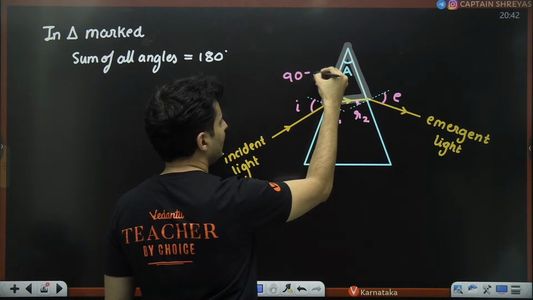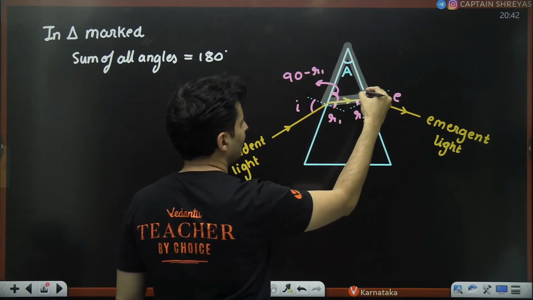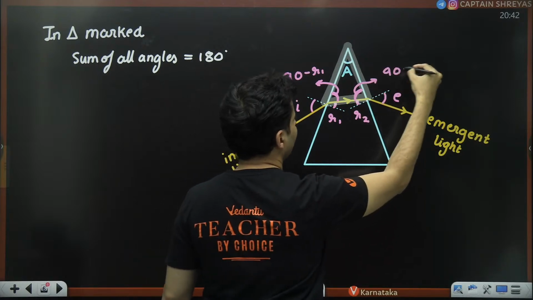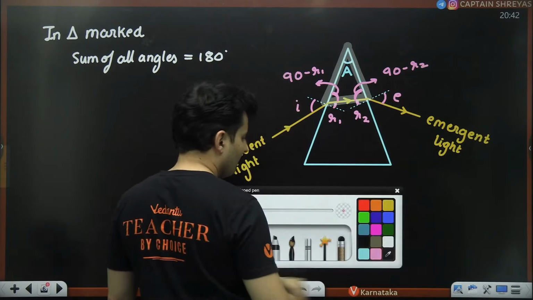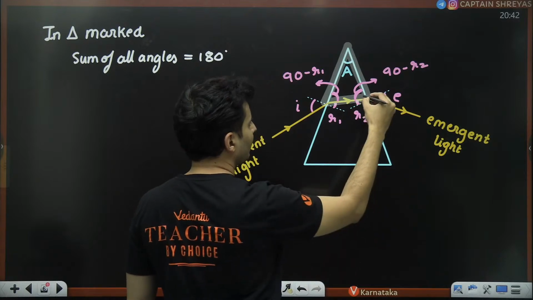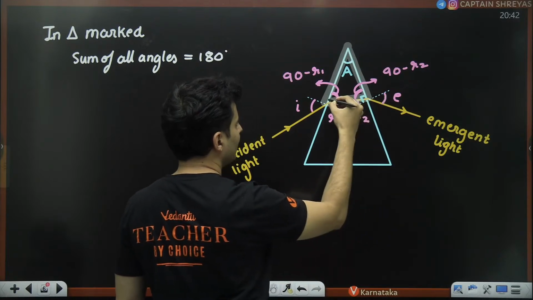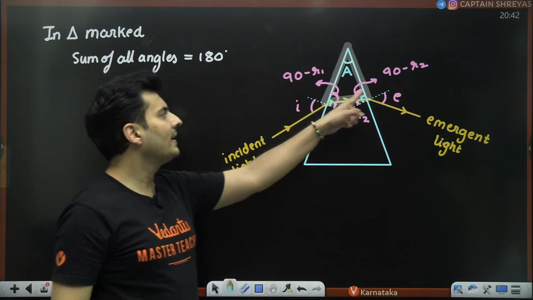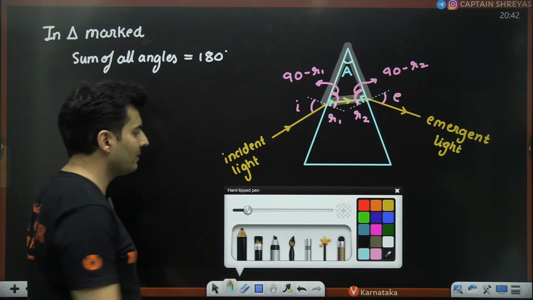This will be 90 minus R1. And even this particular angle that you see over here, this should be 90 minus R2. If you are wondering why that 90 came, think carefully. This angle is 90 degrees, even this is normal, so this is also 90 degrees. So the interior angles are 90 minus R1 and 90 minus R2.